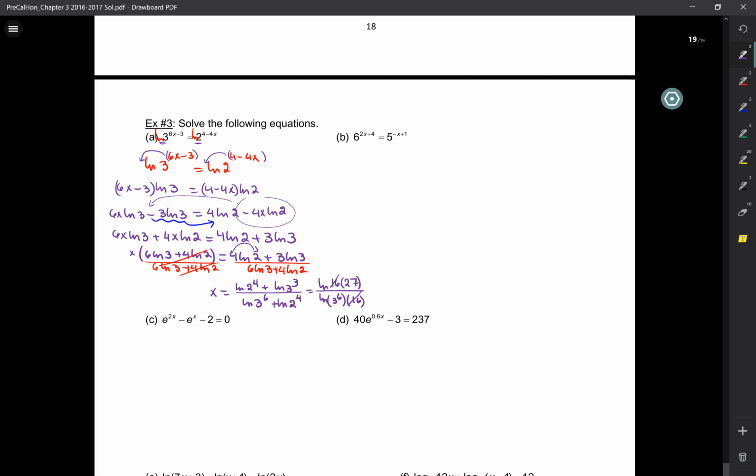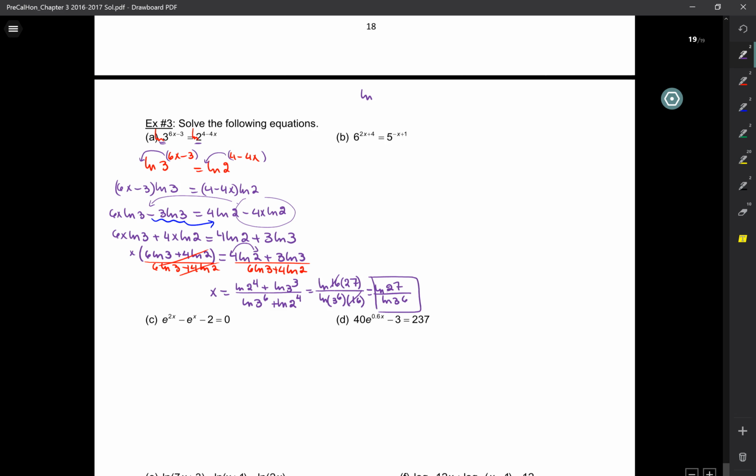Well, what do I have left? I have ln of 27 over ln of 3 to the 6. So let's just work over here. Ln of, I'll write it here. And there's my answer. All right?